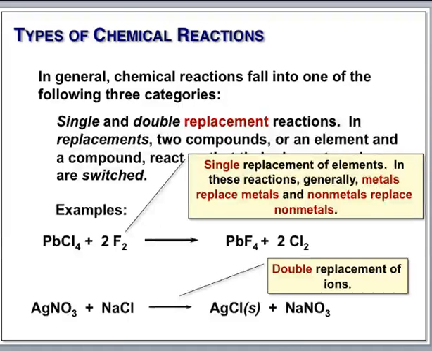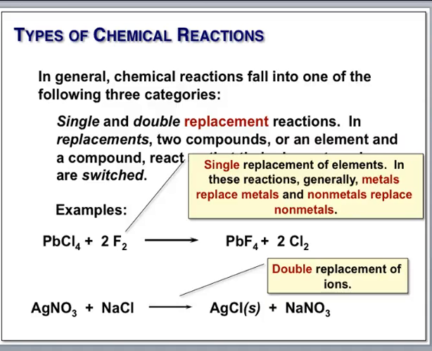If we have a metal as our element, it would replace the metal in the compound. We remember that there are two very important exceptions in these types of reactions. Hydrogen and carbon act as if they are metals. Just remember that. Hydrogen and carbon act as if they are metals.